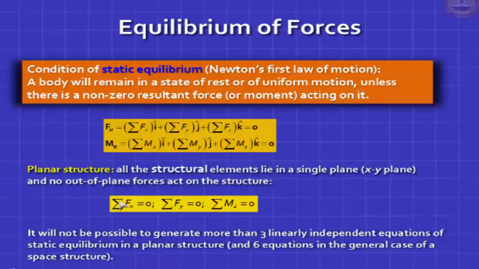Whatever you do, you will get only 3 independent equations of equilibrium. You need not even write sigma Fy equals 0; you can write 2 moment equations instead. In terms of rank, you should understand that the matrix is limited and it has a rank, and if you write additional equations, they can be reduced to the same old 3 independent equations.